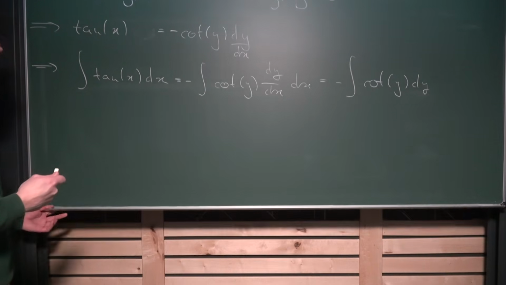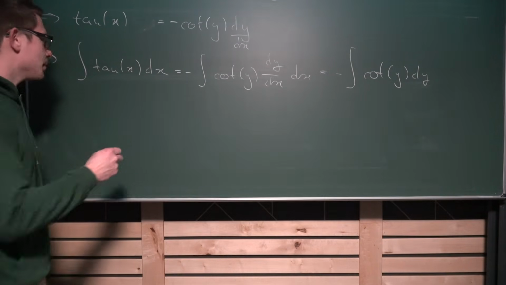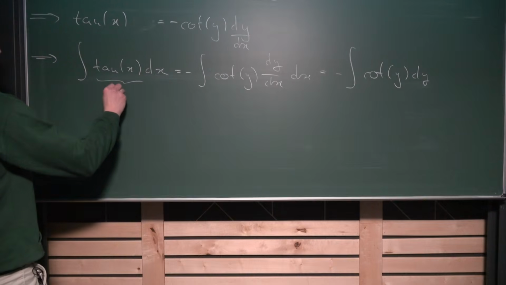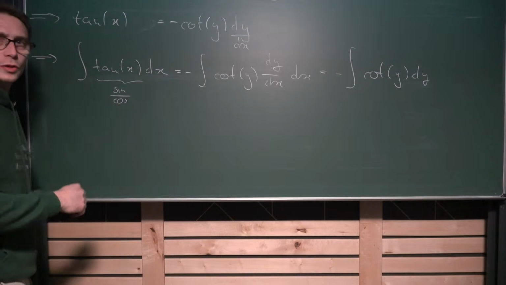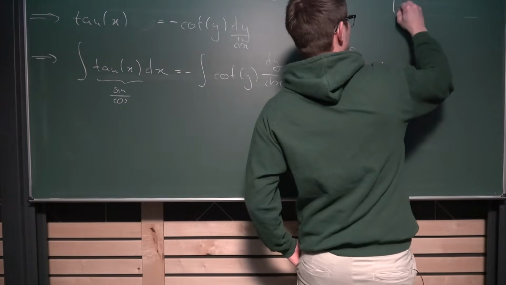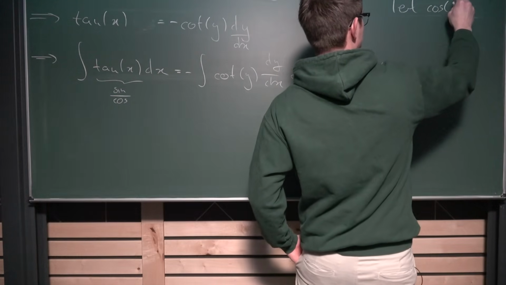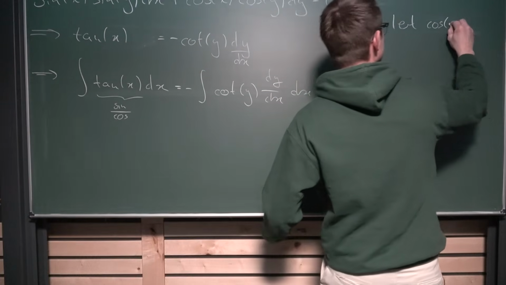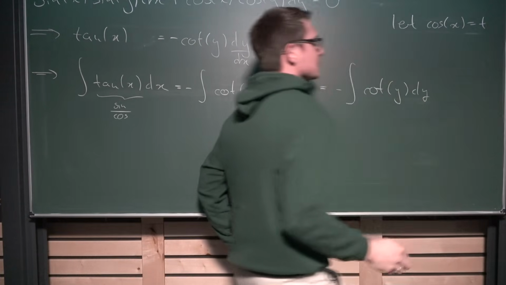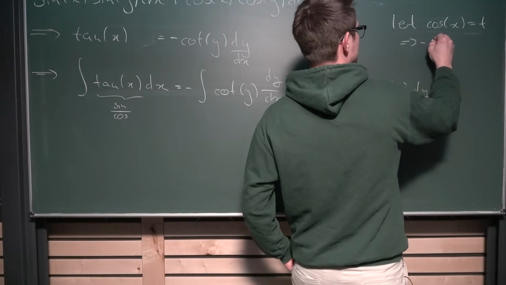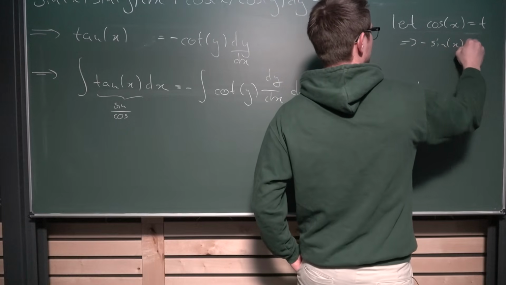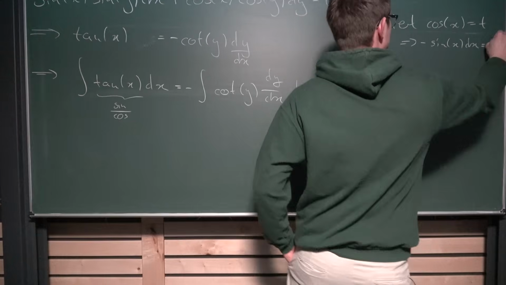Okay. So integral of tangent, remember the tangent is nothing other than the sine divided by the cosine. So that should actually be easy. If we were to introduce a substitution, let cosine of x be equal to t, then by differentiating this we are going to end up with negative the sine of x dx is equal to dt.